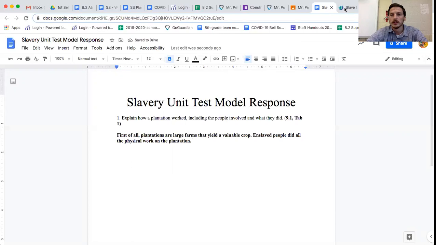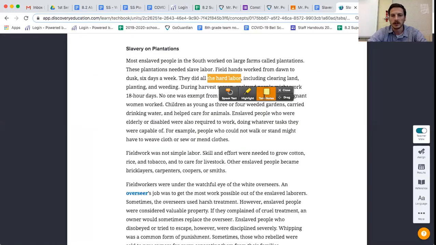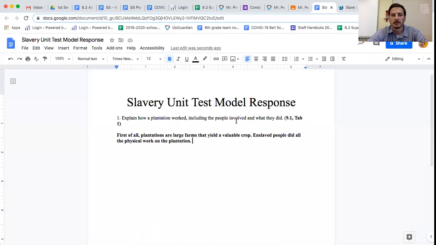Okay. I probably don't want to move on that quite yet because I might just want to give one example or a couple examples of what that type of work is. So it says right here, they cleared the land, they planted, they weeded. Okay, so why don't I just put that, but put it in my own words.